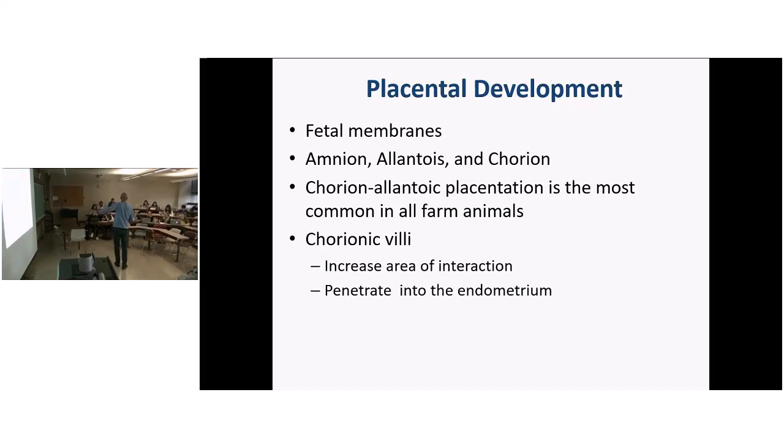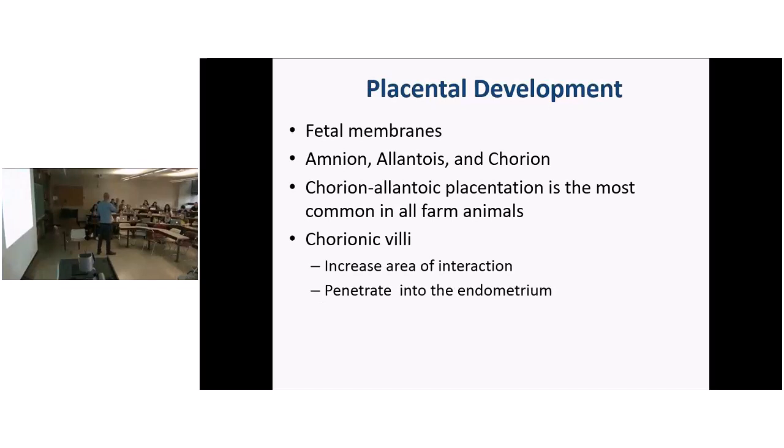The amniotic vesicle tends to be the really internal one. Normally we don't consider that part of the placenta. Eventually you have to do amniocentesis, which is collecting cells from the amniotic vesicle for testing for genetic defects.